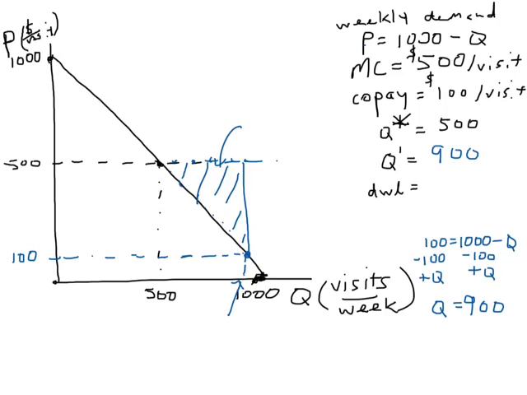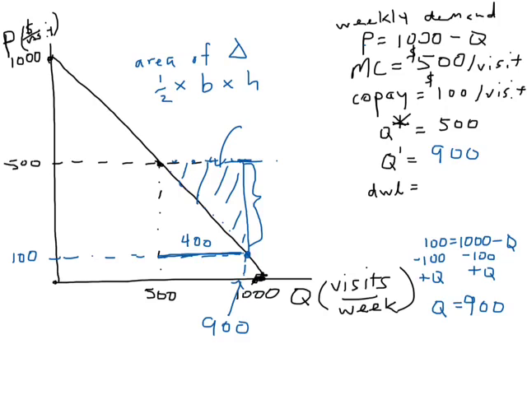Notice that's a triangle, and I just have to remember from my high school math, which may have been quite a while ago for many of us, that the area of a triangle is 1/2 times base times height. Notice that I've got a base of 900 minus 500, that's 400, and I've got a height of 500 minus 100, that's also 400.